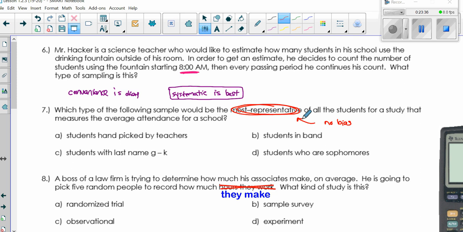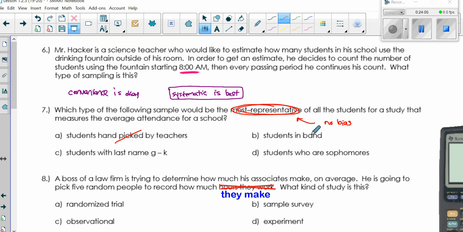Most representative means that it would be picking a good representation of the school, so a good picture of the school. Okay, so if we read through these, it says students are handpicked by teachers. Well, that's not a good representation because then teachers might be picking their favorite students, their least favorite students, the most athletic students, the students who sit closest to the front of the room. Who knows? But you can't just pick. It has to be random. So there's nothing random about this.